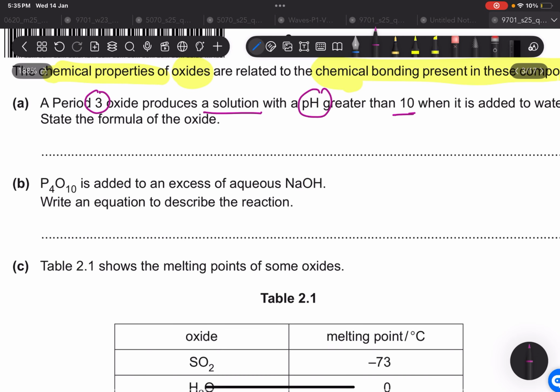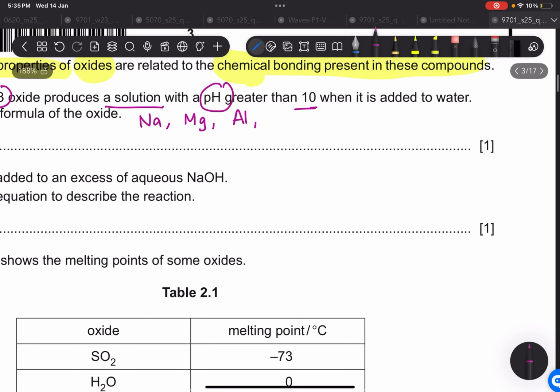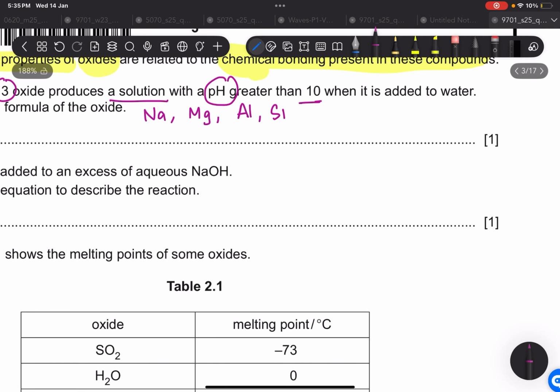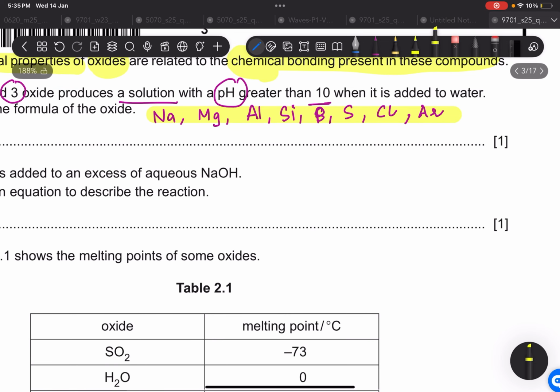So if you consider period 3, you have sodium, magnesium, aluminum, silicon, phosphorus, sulfur, chlorine, and argon. These are all the elements in period 3. Now you got to realize which oxide is going to give a pH greater than 10. Okay? So you have your sodium oxide, magnesium, aluminum.